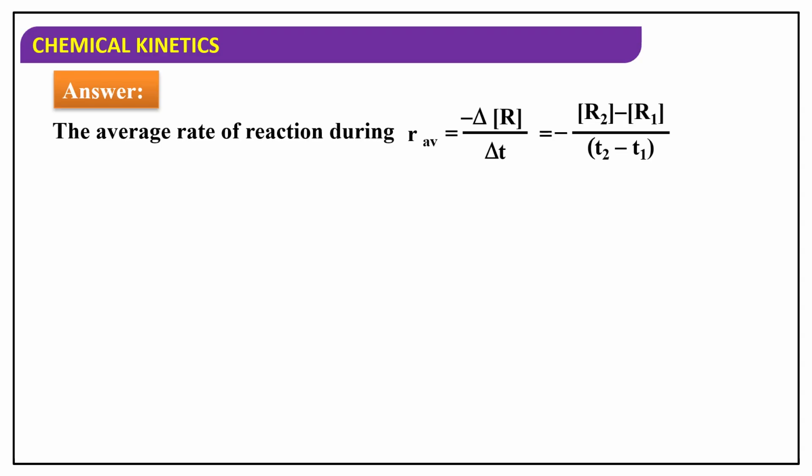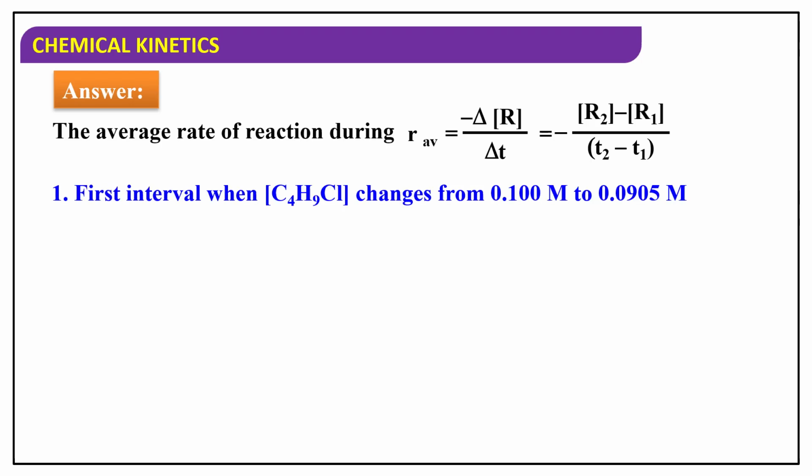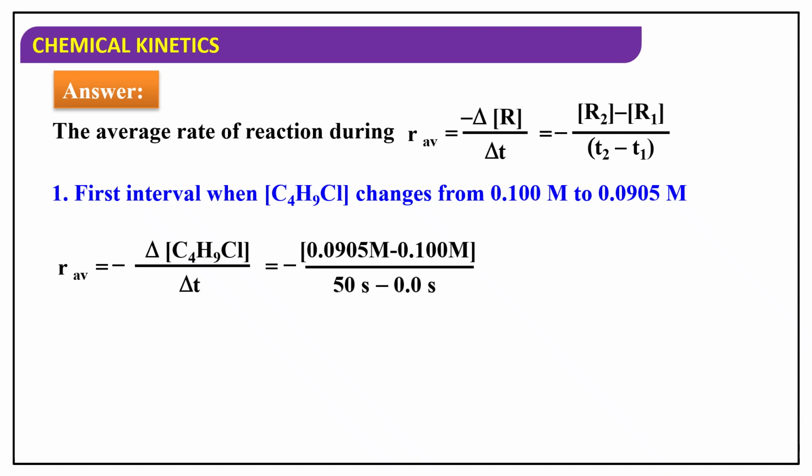From the data which we have observed in the table in the last slide, we put the values. First interval means change in the concentration of butyl chloride divided by change in time, so 0.0905 molar and 0.100 molar upon 50 minus 0 second.